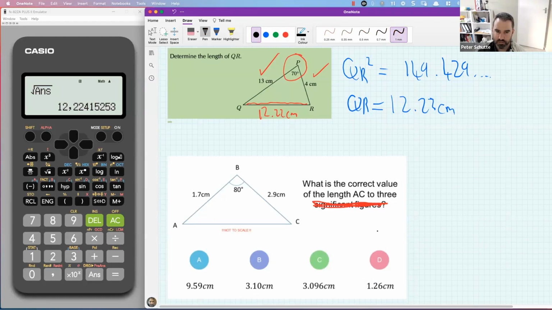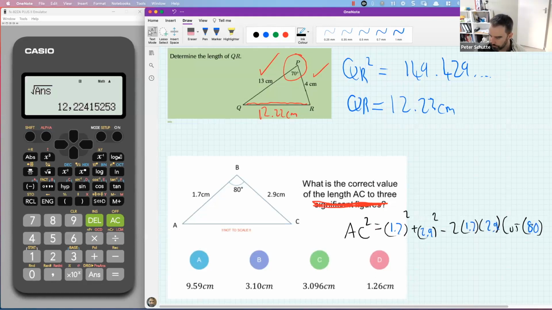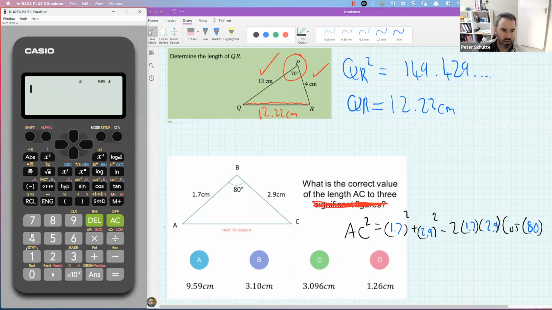So what do we have? We want, and then this is going to be 1.7. What are we going to do? We're going to say 1.7.